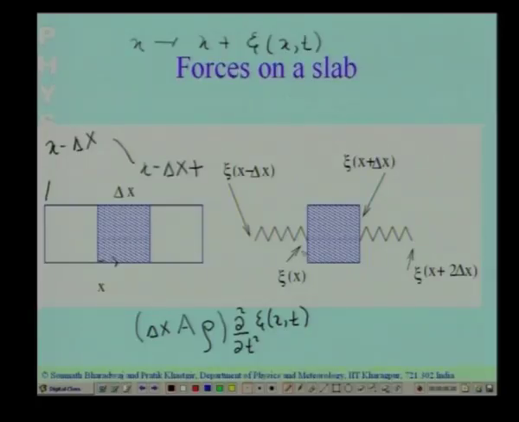Now, what is the deformation of the other end of the spring? You see, we are thinking of this as a spring, which I have shown over here. This end of the spring, originally at x, now goes to x plus xi of x over here. So, if I now want to find the deformation of the spring, the deformation of the spring is the difference between this and this.